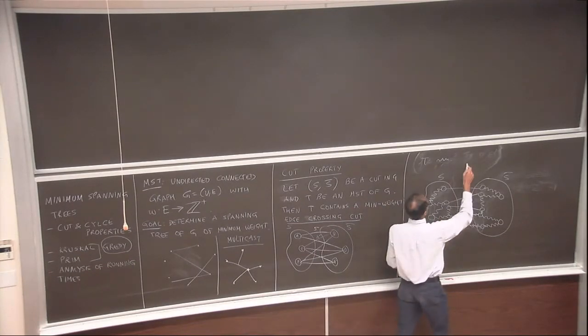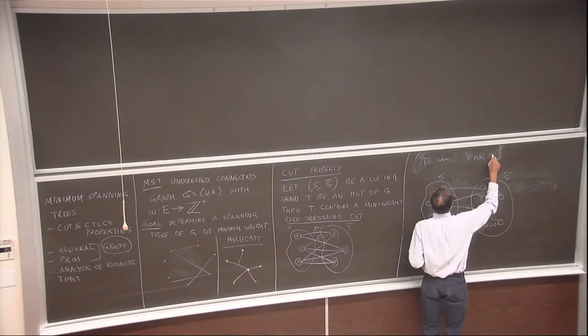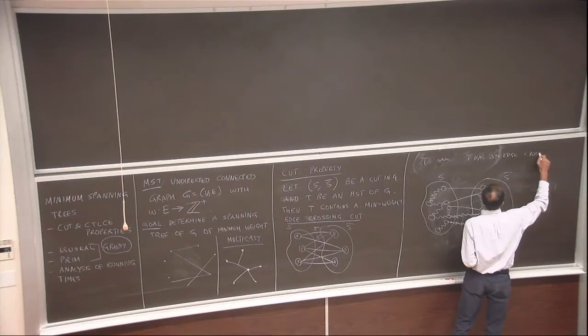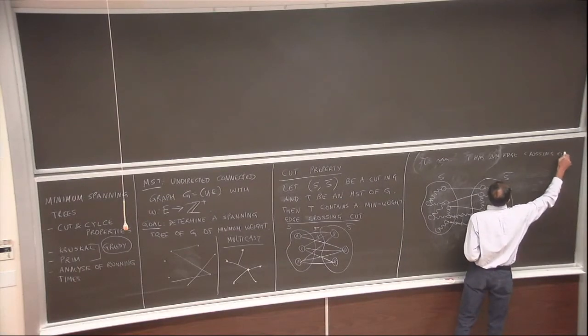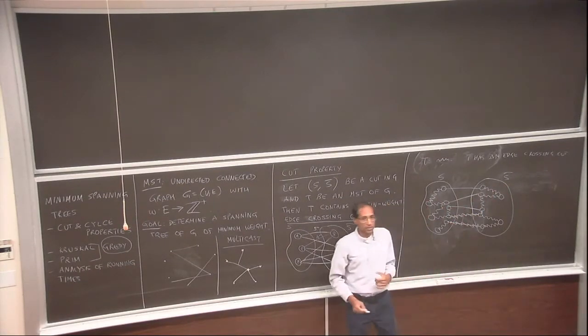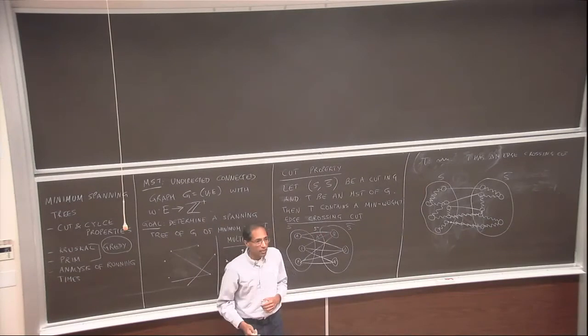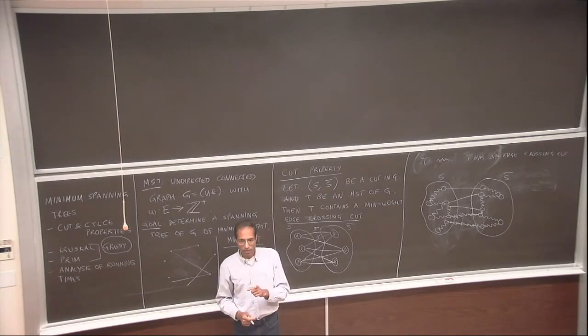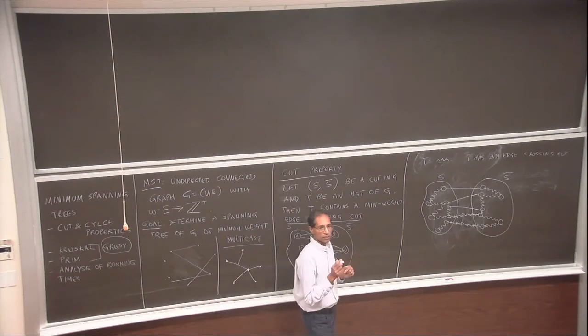So T has an edge crossing the cut. One common misconception is that maybe T should have only one edge crossing the cut. That's not necessary. T can have many edges crossing the cut.